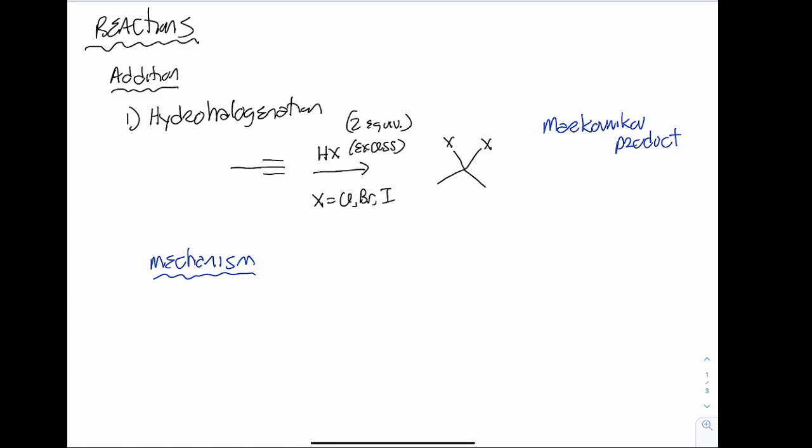So we want to go through the more stable carbocation intermediate. We end up with the halogens on the more substituted carbon. So more stable carbocation forms, halogens on the more substituted carbon.